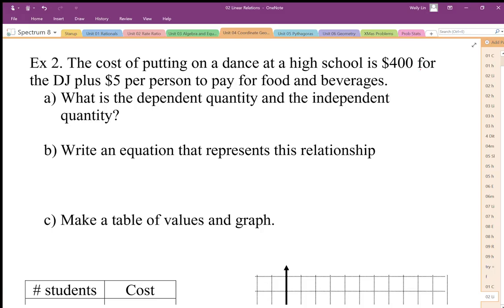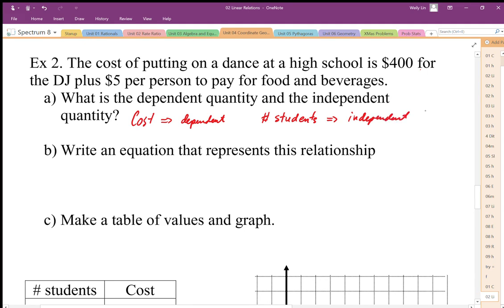Well, does the cost depend on the person or the number of people coming depend on the cost? Well, in this case, the dependent quantity is the cost. So that is my dependent. Okay, the independent is the number of students coming to the dance. And that is my independent.